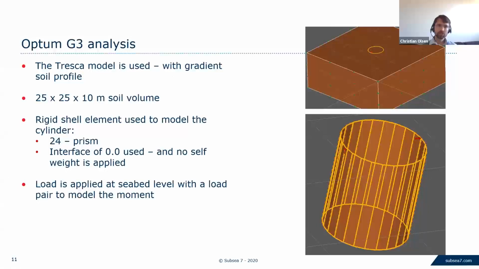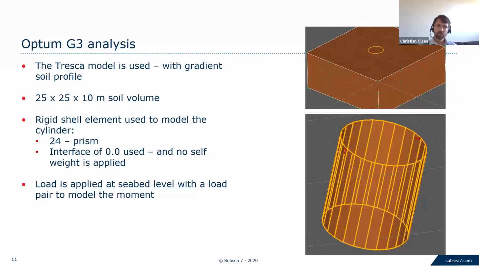So in the Optum G3 analysis, I've made a model. We used the Tresca model with a gradient soil profile. For the soil volume, I selected 25 by 25 by 10, just to have it large enough.